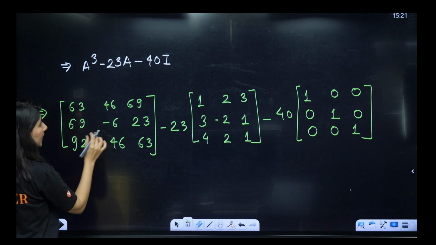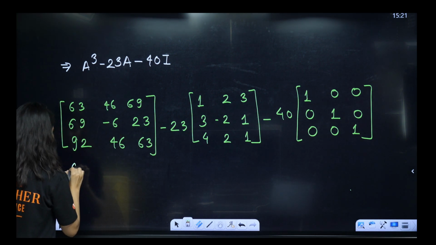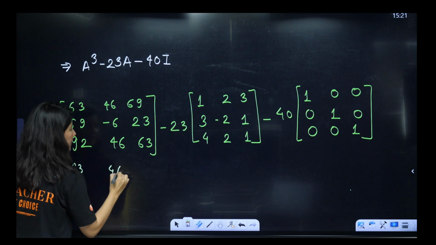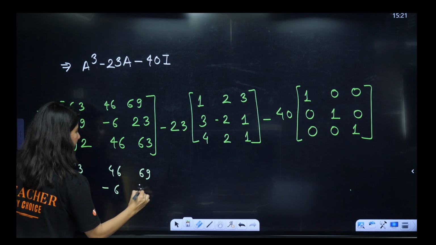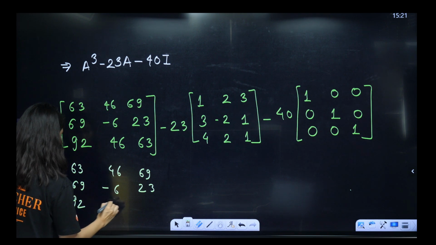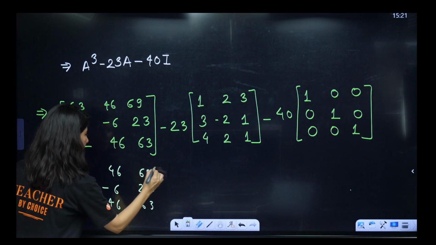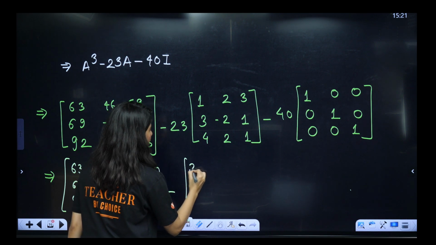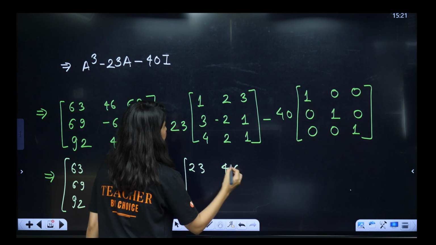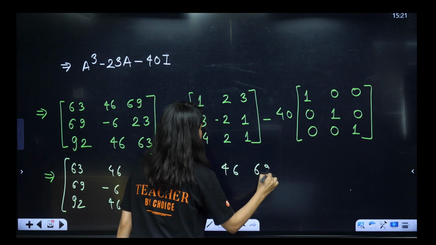Now 63, okay, so this is going to be 63, 46, 69 as it is. 69 minus 6, 23, 92, 46, 63. Let us solve these two, the remaining two out. 23, just tell me. 23, 46 and 69, correct?